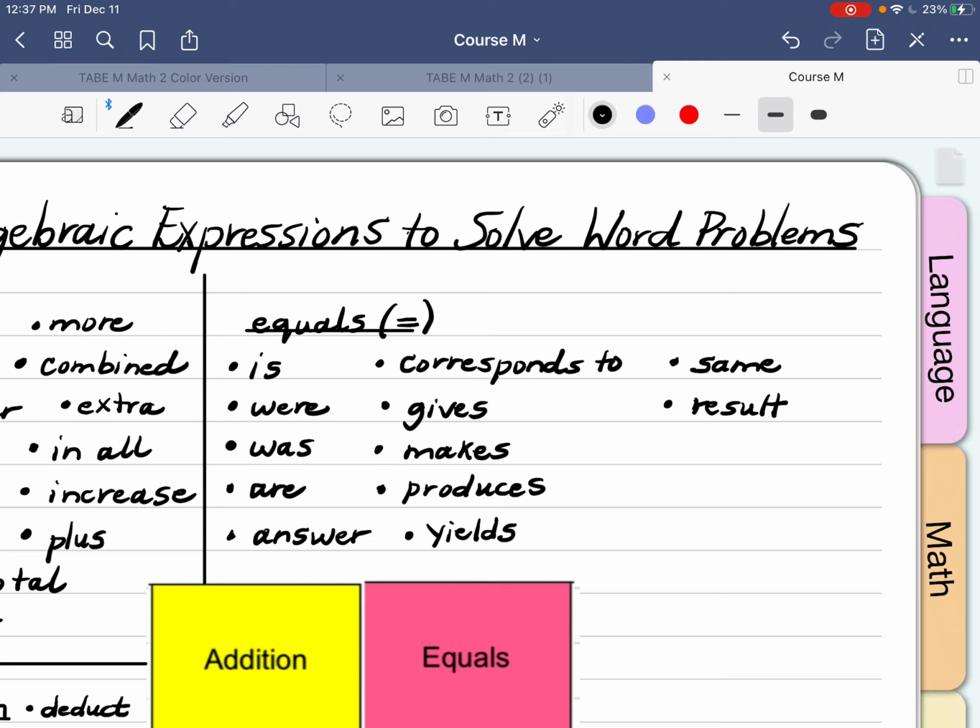A lot of those are verbs. Your verbs are very often your equal signs.